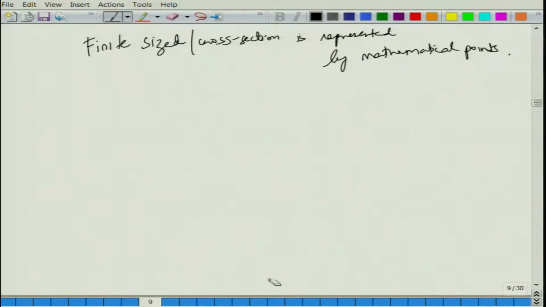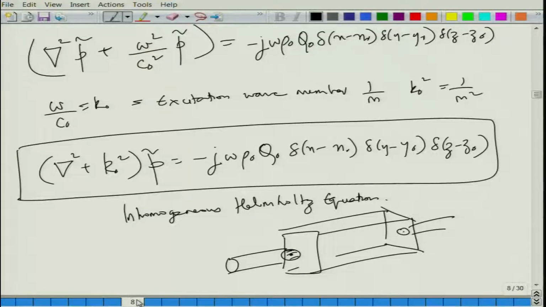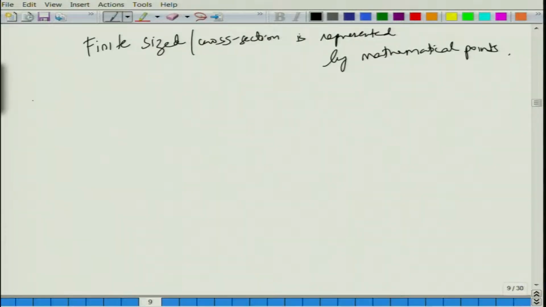Later on, to solve this you can invoke the Kirchhoff-Helmholtz theorem, but we will probably not go into that detail now. We will just stick to this particular formulation and see how to use the solution of the homogeneous equation to solve this. Whatever solution we get for this is called the Green's function solution.